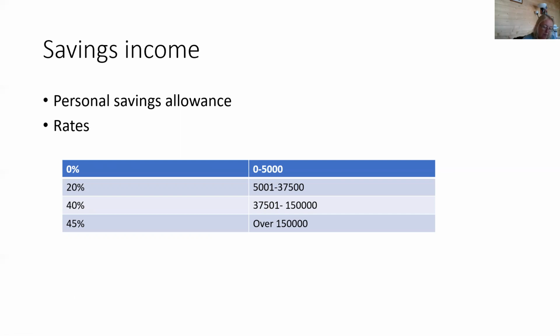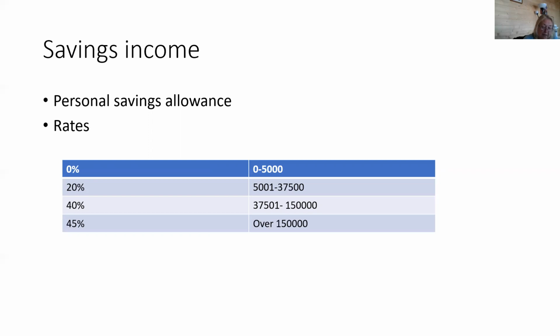So if the taxable non-savings, non-dividend income plus the personal allowance, the PSA, personal savings allowance, is less than 5,000, then the remaining taxable savings income will be taxed at the starting rate for savings. Any remaining taxable savings income over 5,000 would then be taxed at 20%.